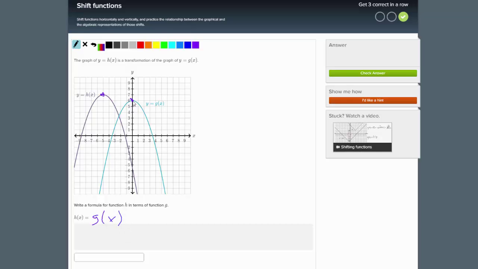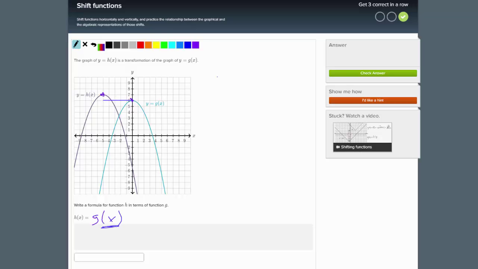It moves first, right? So this moves 1, 2, 3, 4, 5 left. Normally a -5, but remember when I do this, I change it, and I have to change inside the grouping symbol. You might say, well, where's the grouping symbol? Right here.